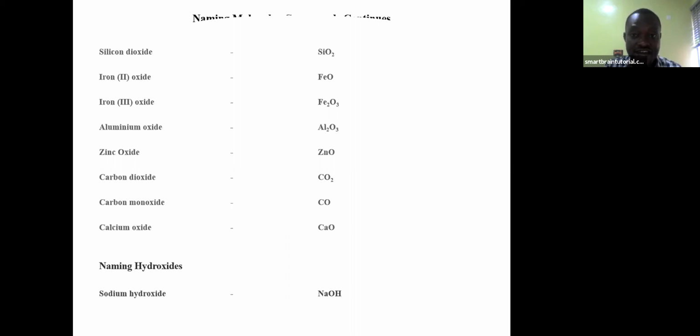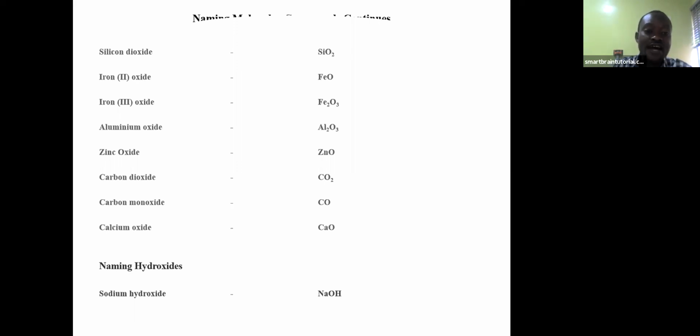Then we also have iron(II) oxide. Iron(II) oxide, meaning that the oxidation state of iron here is 2. We have iron(III) oxide, and you can call this one iron monoxide, and you can call this one diiron trioxide. The oxidation state of iron here is 3.